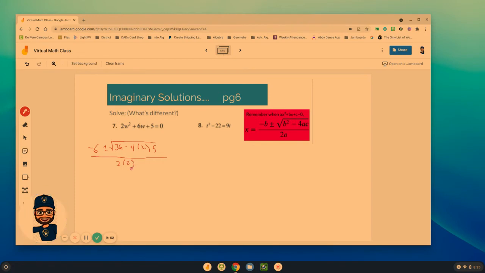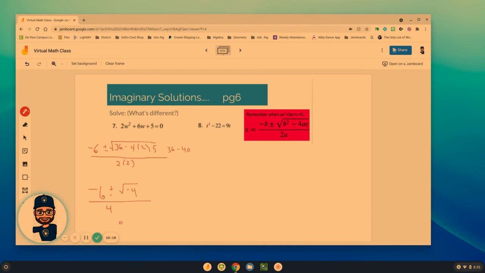And so we simplify what's underneath the square root first. Negative 6 plus or minus. This is going to end up being 36 minus 40. So I'm left with the square root of negative 4 all over 4.